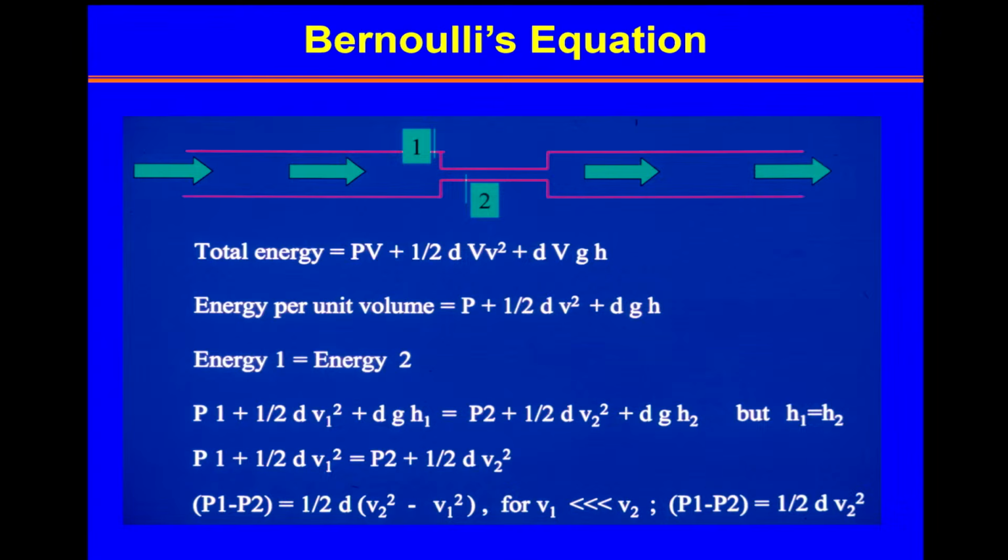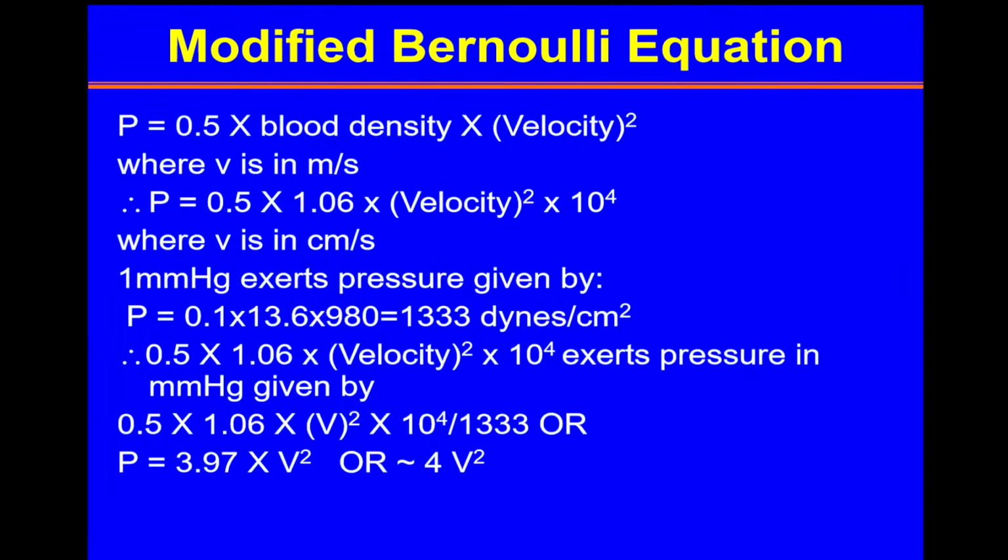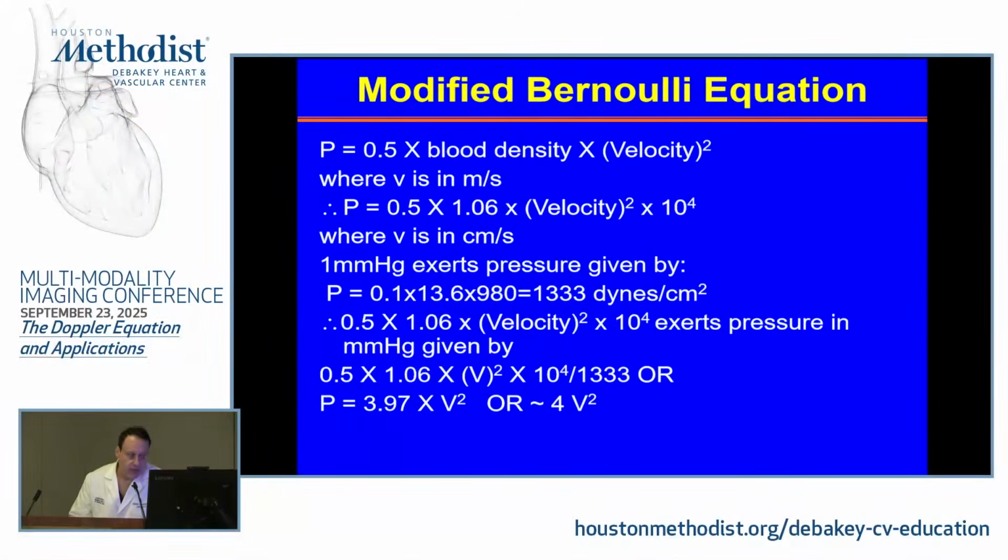And so that's the expression that we rely on in the modified Bernoulli equation to get pressure gradients. This shows you how we end up with the pressure gradient given by 4V squared. It's basically a lot of unit conversions. For the sake of time, I will skip that, but it is not challenging to see the approximation here.